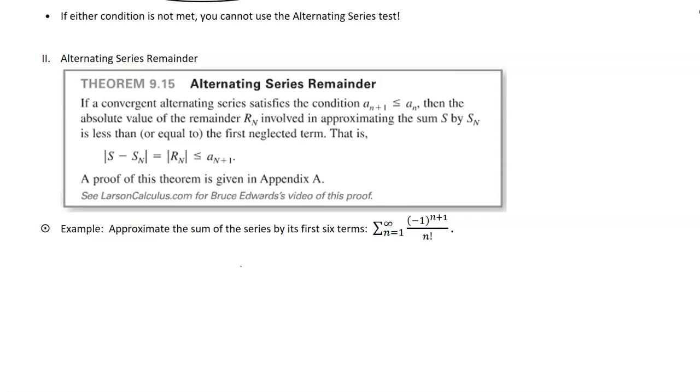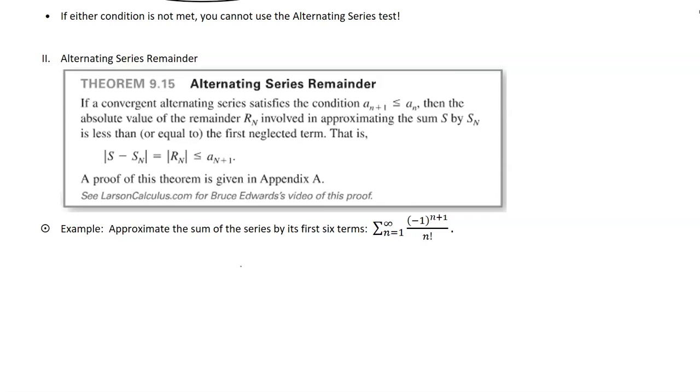So that says that s minus that partial sum is going to be equal to the remainder r sub n, and that's going to be less than or equal to whatever the next term is. So what this allows you to do is get an approximation for the actual sum of a series if you can figure out part of the series.